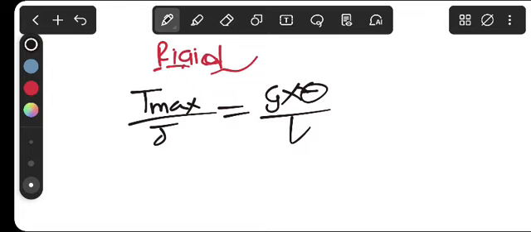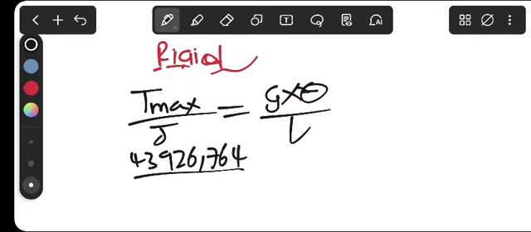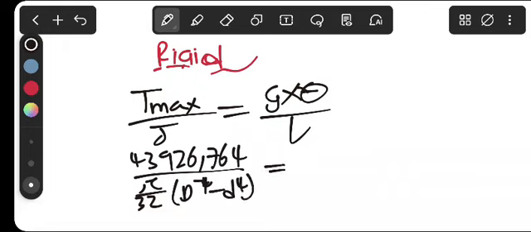This is what we know. The torque we had, the maximum, 43926.764, all over this, which is pi over 32 times d raised to the power 4 minus d raised to the power 4, is equal to this.